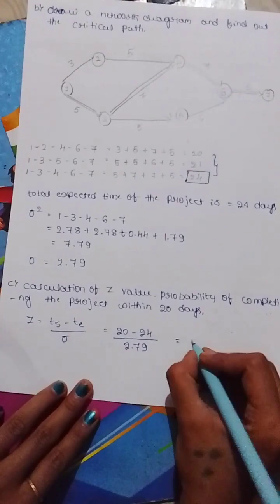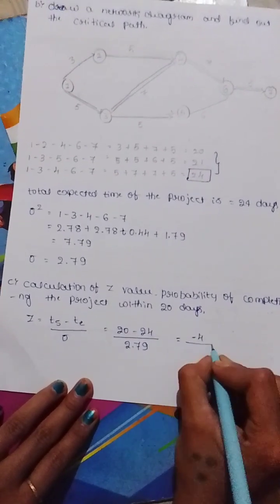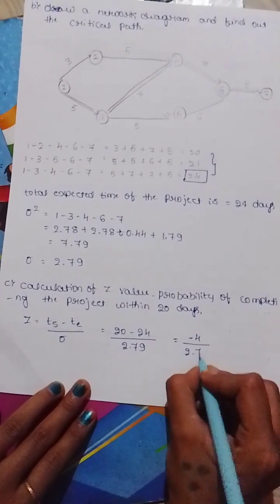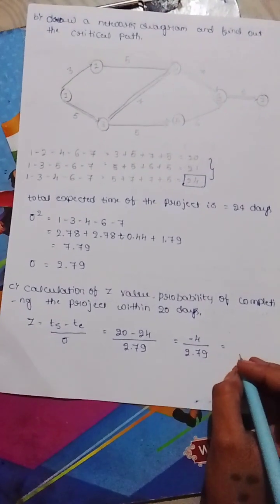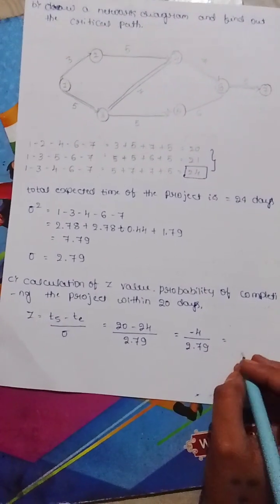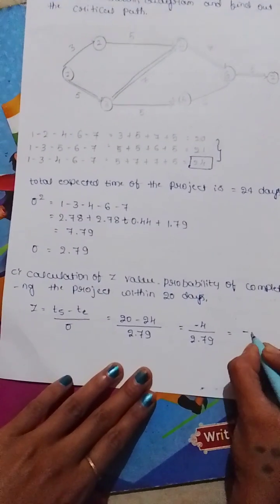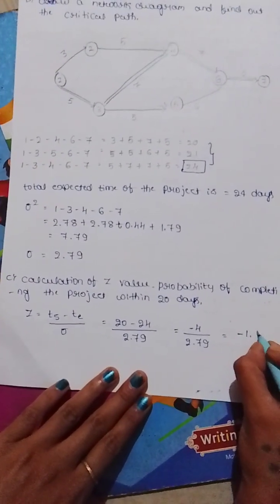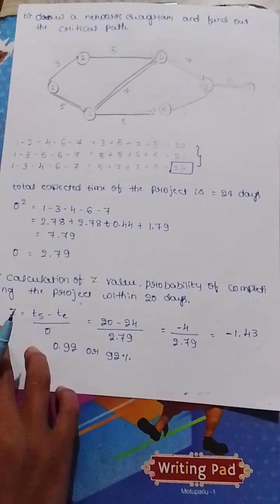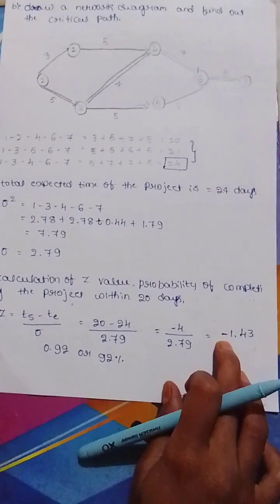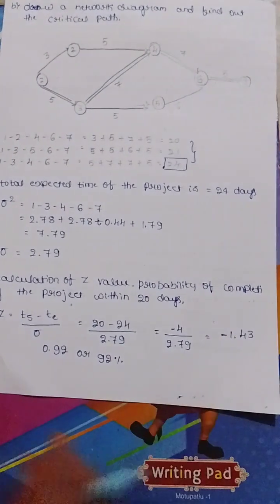20 minus 24 is minus 4, divided by 2.79. Answer is minus 1.43. The Z value is minus 1.43.